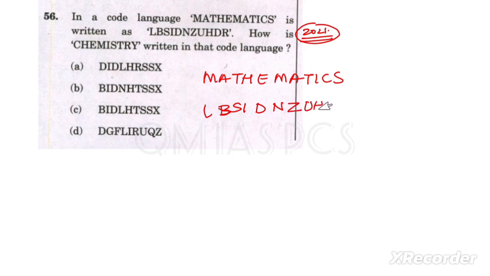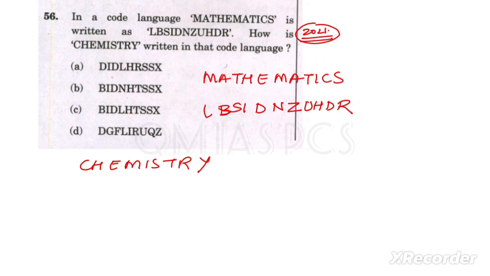Then you have to find the word chemistry. This question is a little bit complicated, but if you understand how to process the pattern, it will be easier for you. Back to back you have to look at this one.